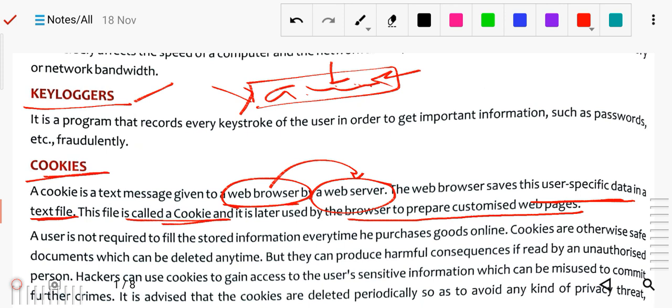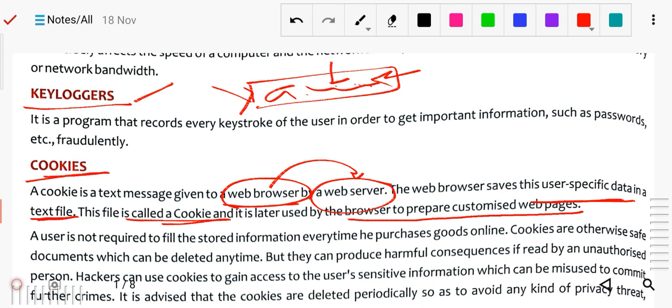Cookies are saved documents which can be deleted anytime. The information is stored in a text file by the web browser, and the good thing is that you can go to the web browser settings and delete it.